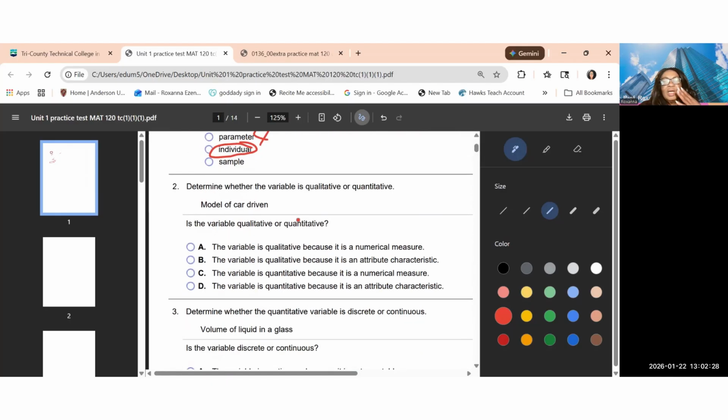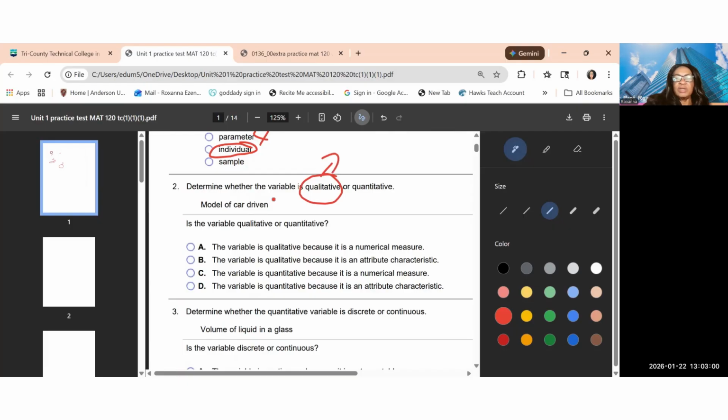Determine whether the variable is qualitative or quantitative. But before we go to find whether, I'm going to define qualitative. Remember that if a variable is qualitative, it's also categorical.